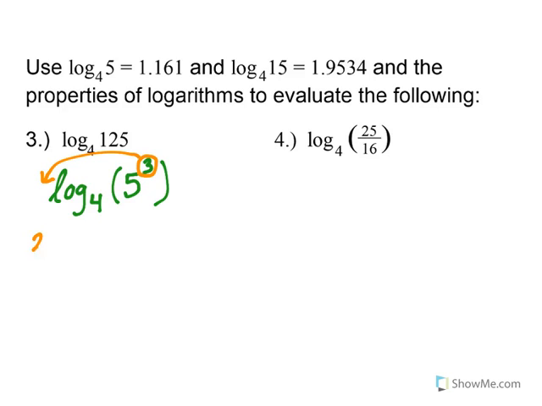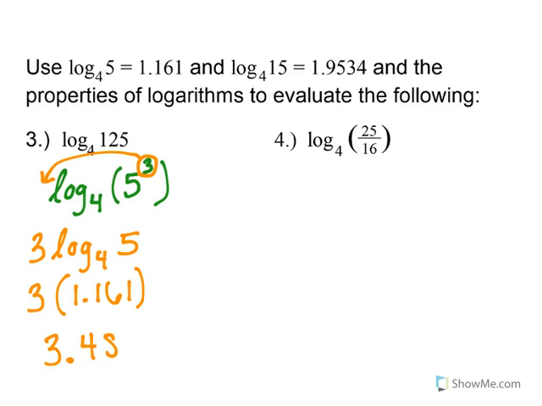So this is really 3 times log base 4 of 5, which is 1.161. If I multiply that by 3, I get 3.483. So log base 4 of 125 is approximately 3.483.